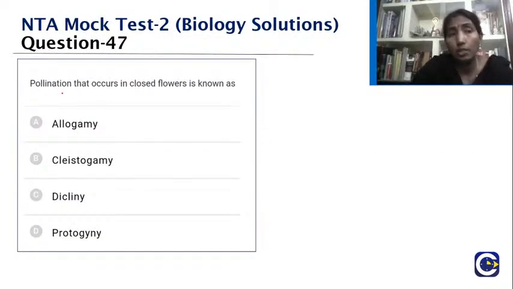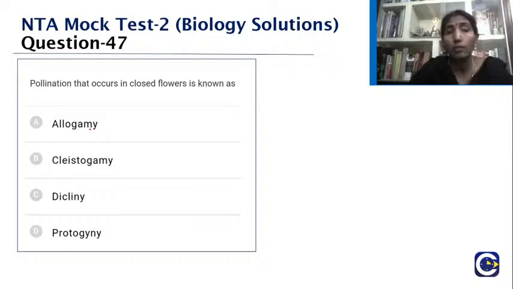The pollination that occurs in closed flowers is known as allogamy, cleistogamy, dicliny, protogamy. When it comes to allogamy, we mean cross fertilization, for example, fertilization occurring in a flower by pollen from another flower.